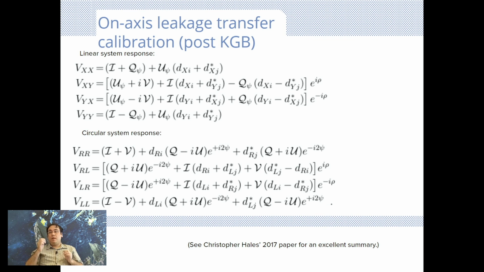Now, the on-axis leakages, right at the pointing center of the antenna, post correcting for these K, B, G terms, can then be described as follows. So now we've taken out the G term here by performing calibration, and for linear and circular basis we get the following linear equations. So what we need to solve for now is two effects primarily.